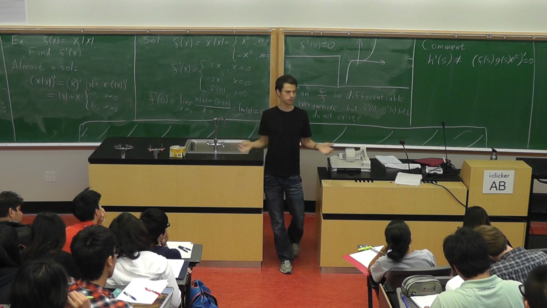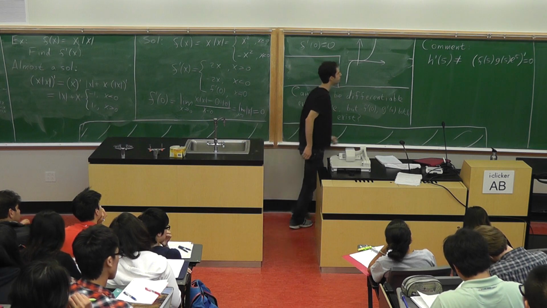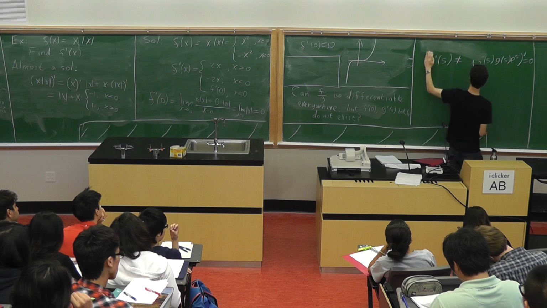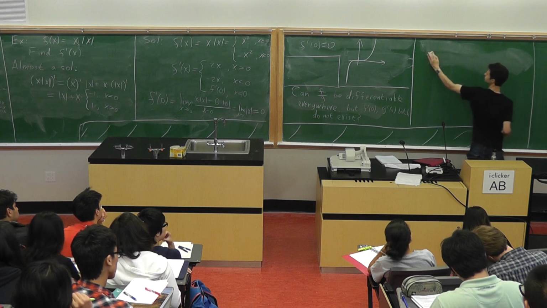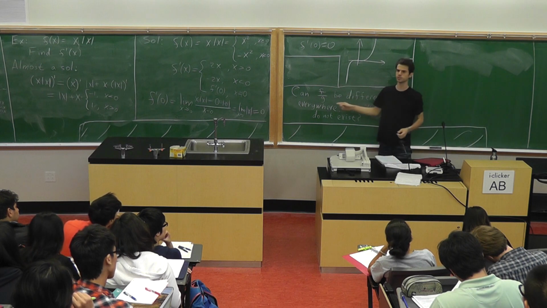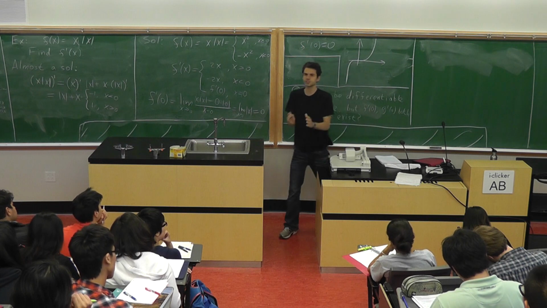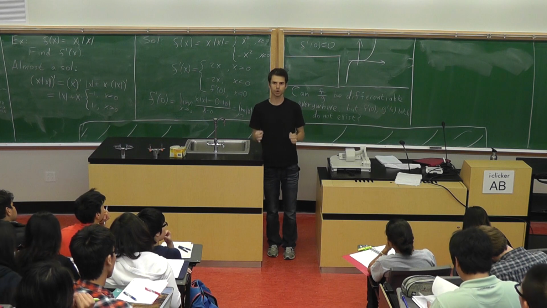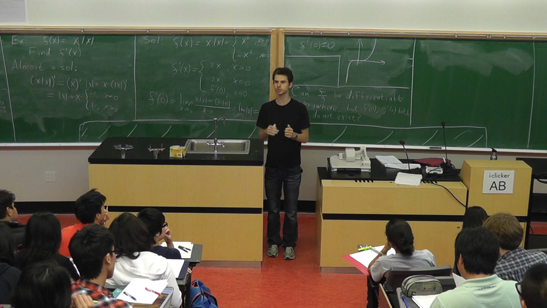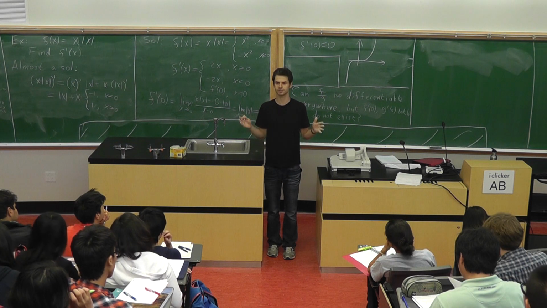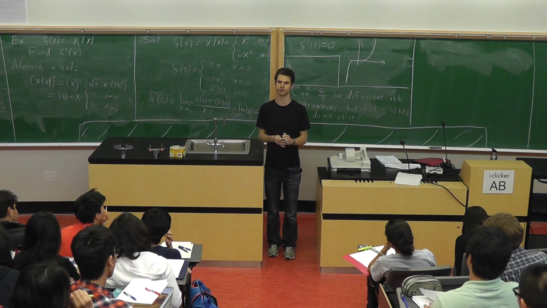I have a huge amount of freedom. So I can use part of it to just get rid of part of the problem. So I want the quotient to be differentiable. Let me fix the quotient. Let me only look for such examples where the quotient is my favorite function which is differentiable everywhere.